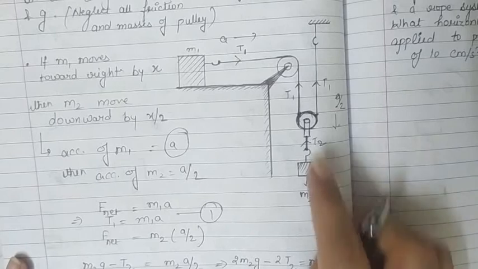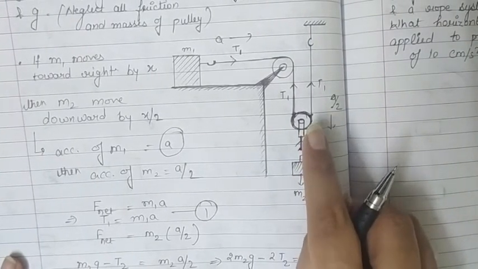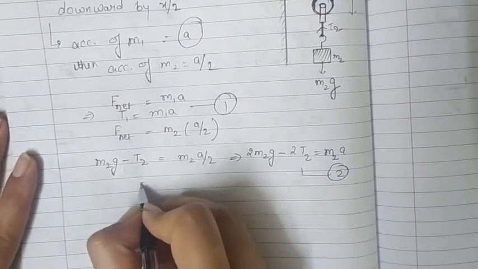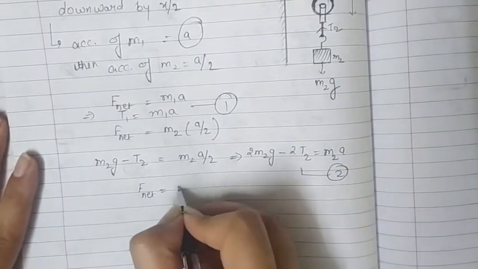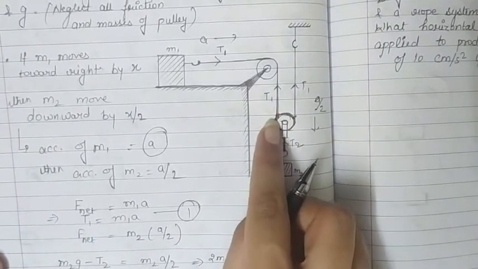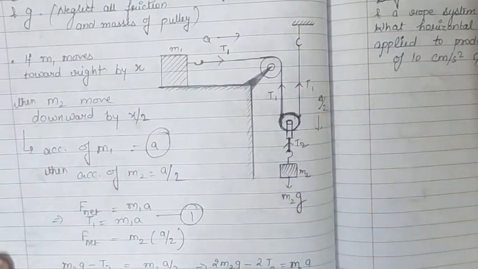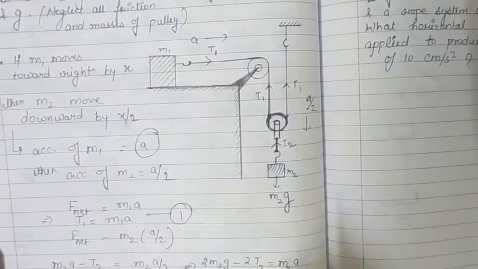So if we write the equation for this, then the net force acting on this pulley will be the mass of the pulley times its acceleration, that is A by 2. The net force acting on it is twice T1 upwards, and T2 acts at the point of contact.